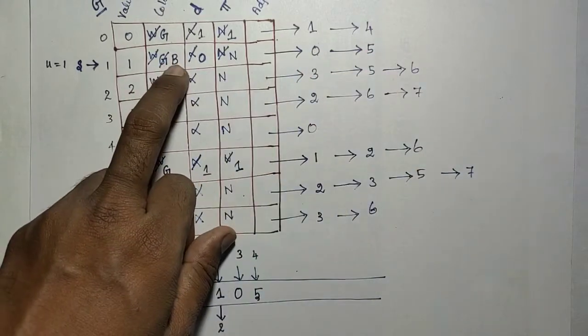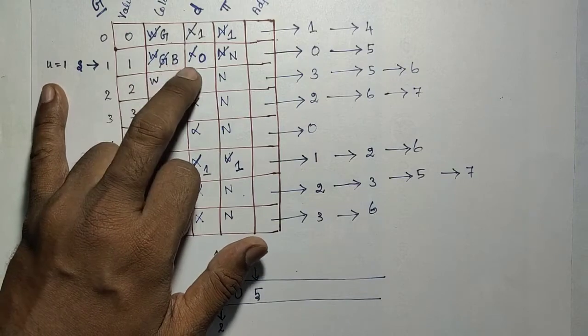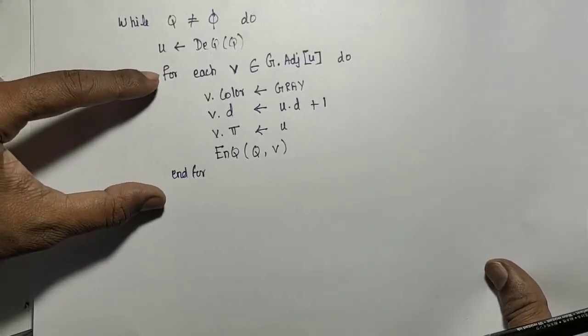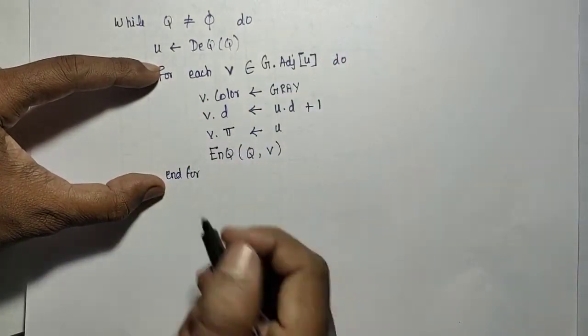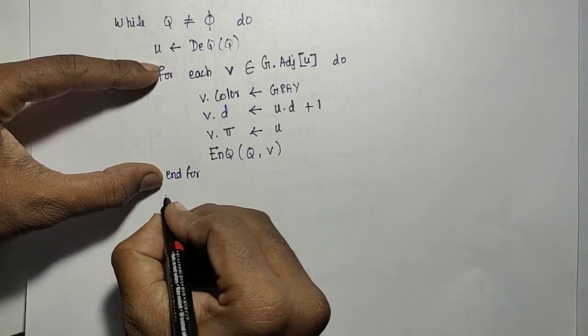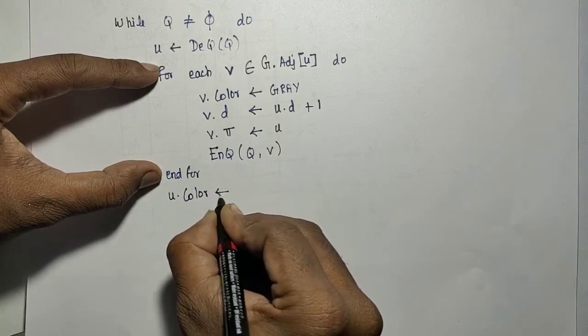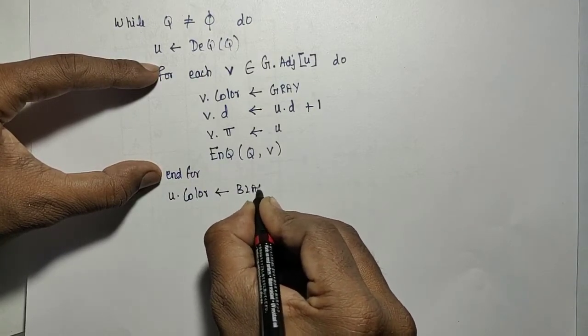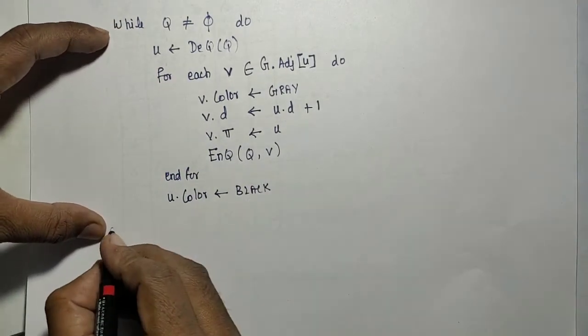So now I need to change the color of that U from gray to black. The U adjacent nodes are completely visited. Now U.color needs to be changed to black. Then end while.